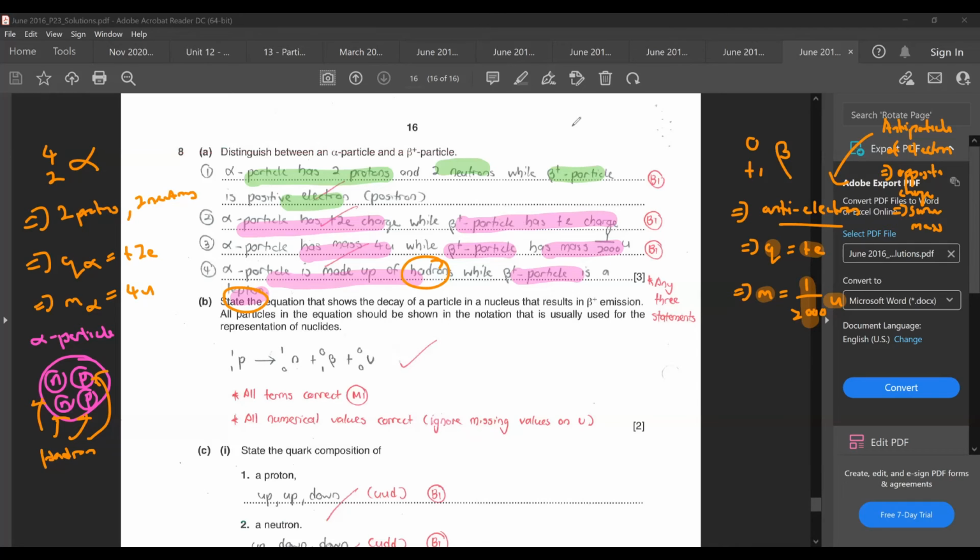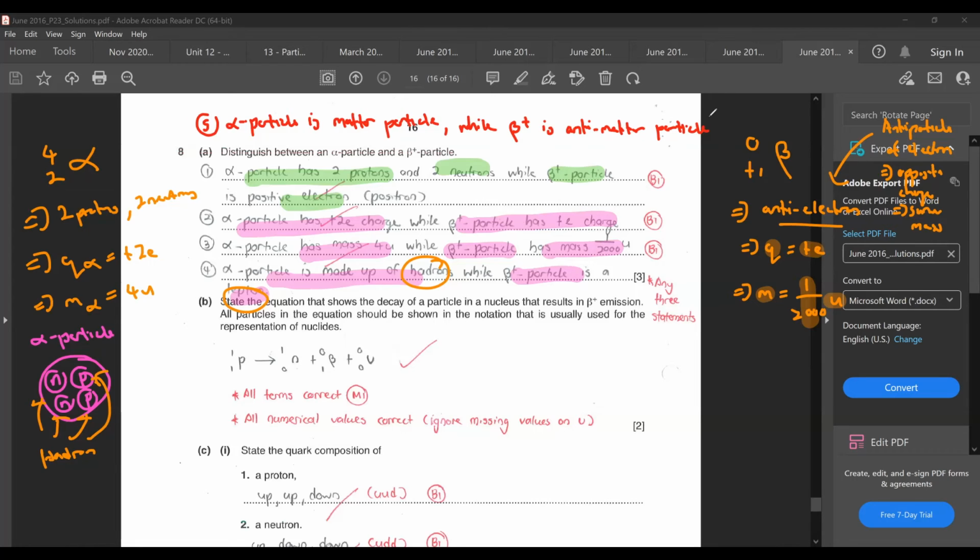Some answers may also write it as this. In some other rare cases, you could also say that alpha particle is metal particle, while beta plus is antimatter particle.